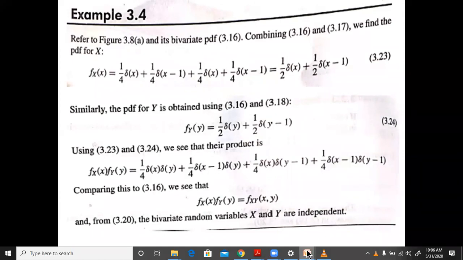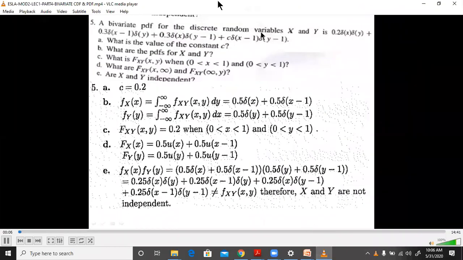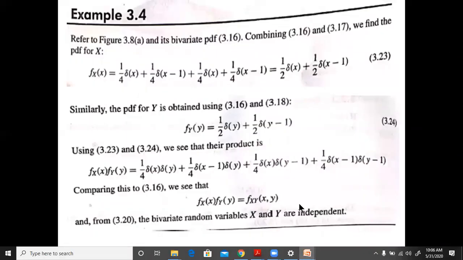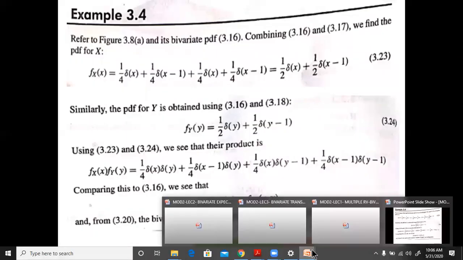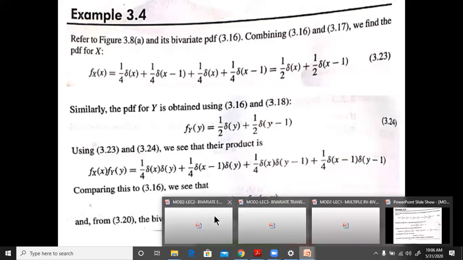So here in question number 5 we have a bivariate PDF for the discrete random variables. This is the one which we are trying to use for the numerical we have just considered.